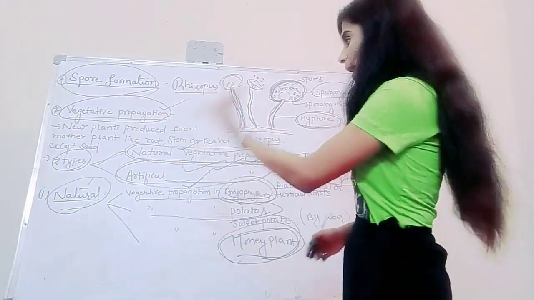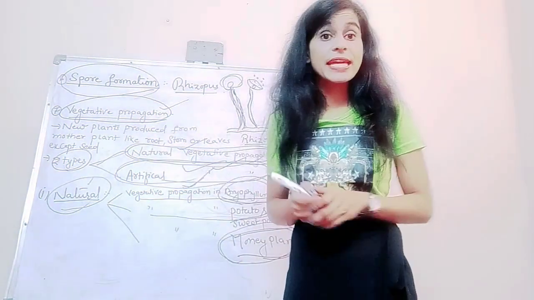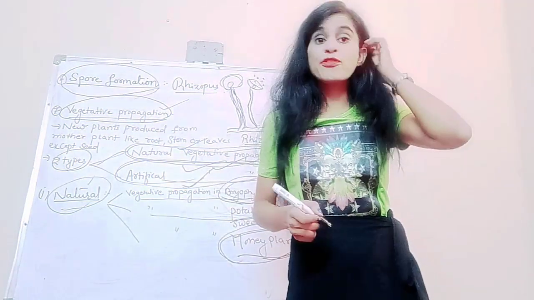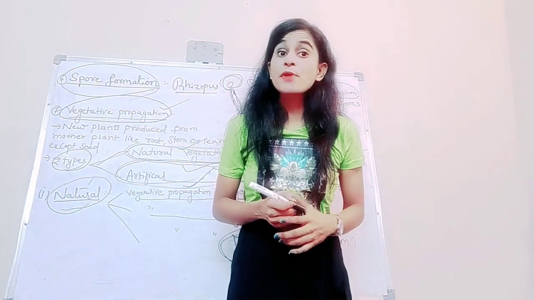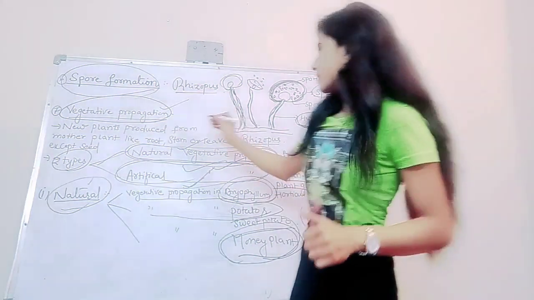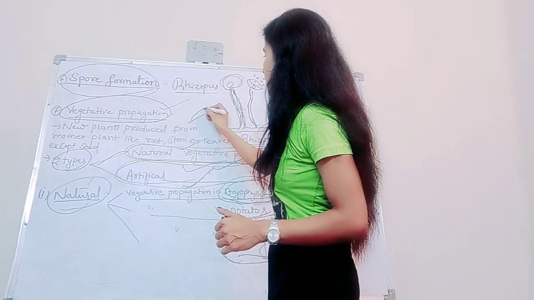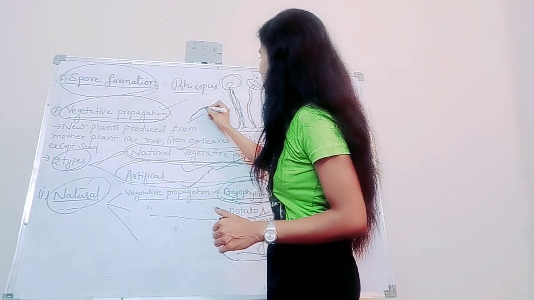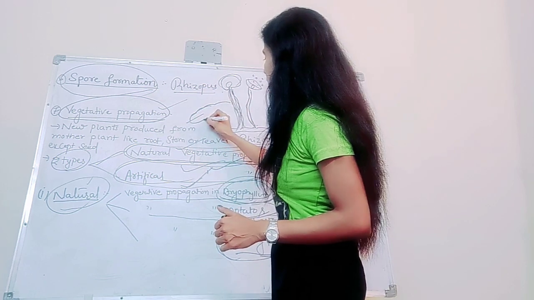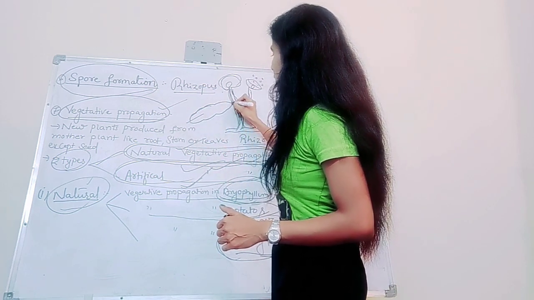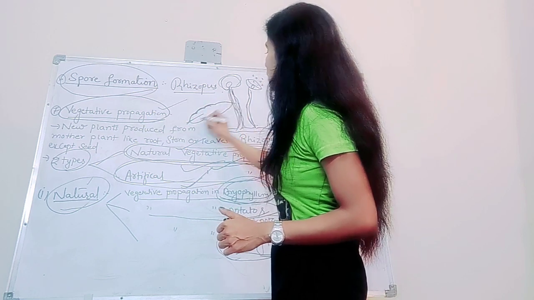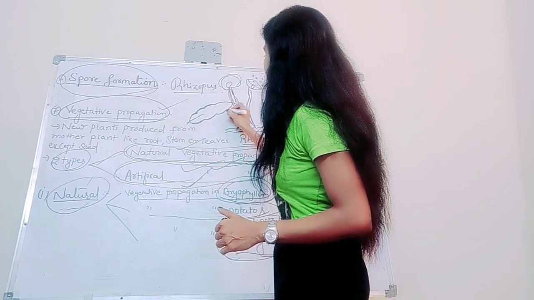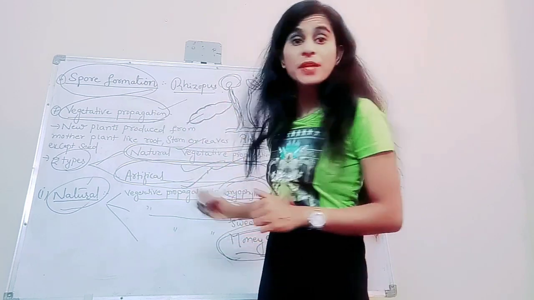So let's see what happens in vegetative propagation in Bryophylum species. Generally, you might have observed Bryophylum leaves. Suppose this is the leaf of a Bryophylum species.